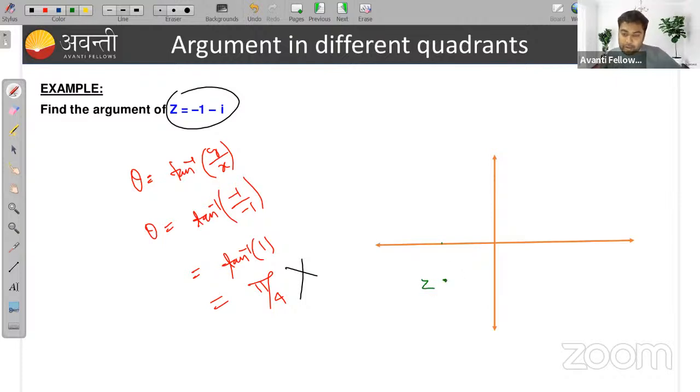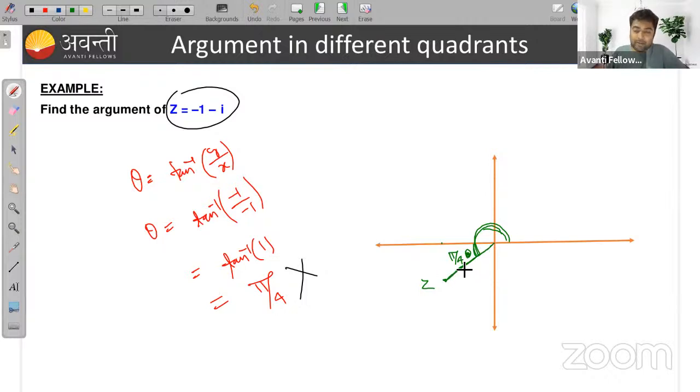If I join it with the origin, then its argument will be pi plus theta, if this angle is theta. If this angle is pi by 4, then the argument will be pi plus pi by 4.